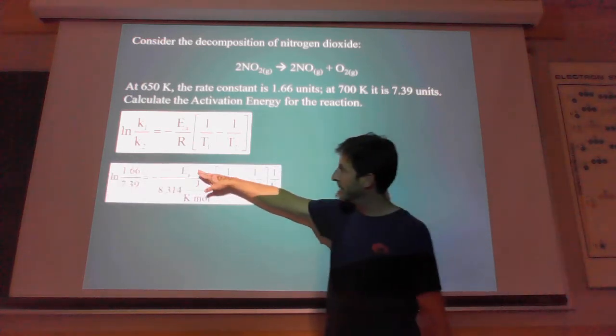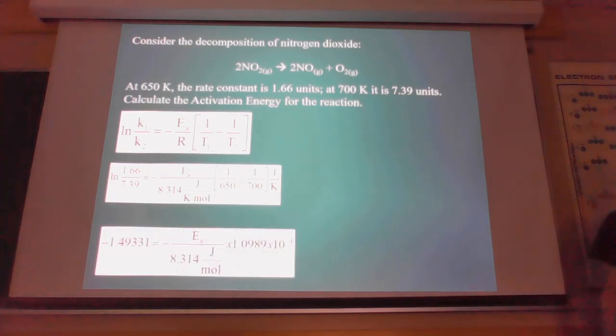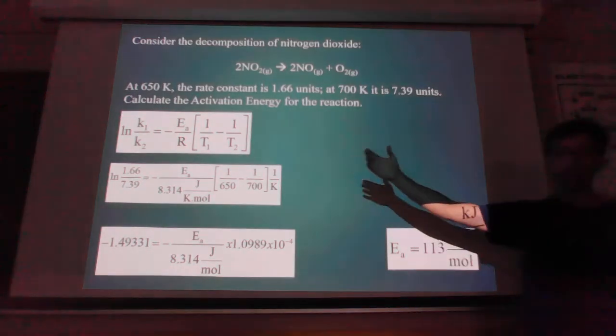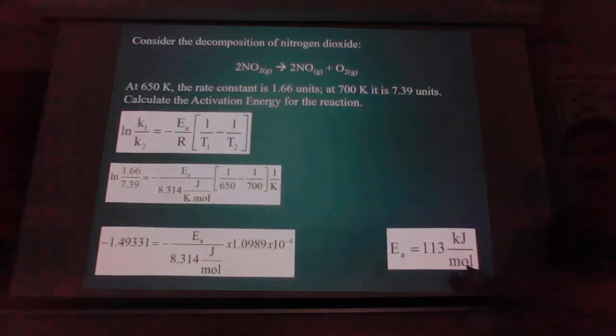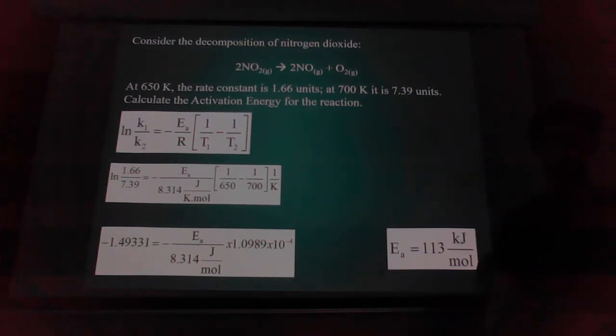My unknown is EA. You should be able to do the algebra to solve for EA, and the answer you should get is 113,000 joules, which you can convert into 113 kilojoules. Okay? You should practice this before you come to the test. The algebra is not simple. It needs to be practiced so that you can do it quickly if needed on the test.